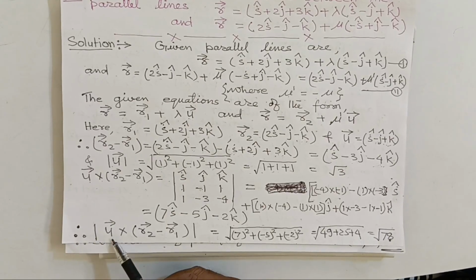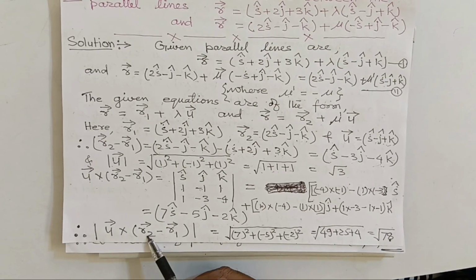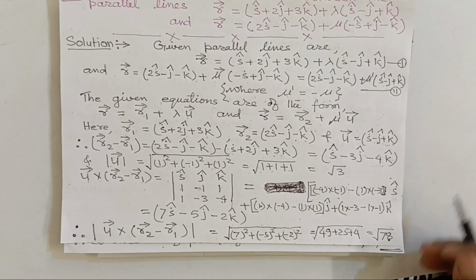The mod of vector u cross vector r2 minus vector r1 is equal to square root 78.